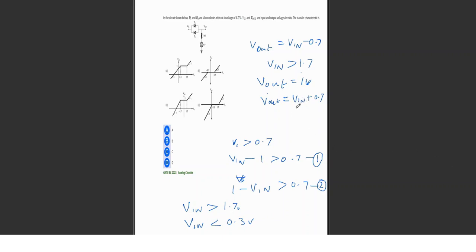It will come down from 1, it will be V in plus 0.7. So from 0.3, it will be related to V in. So this is the only equation. A is the only one showing V in plus 0.7. This is the graph of V in plus 0.7. This is the graph of V in minus 0.7, and this is 1.